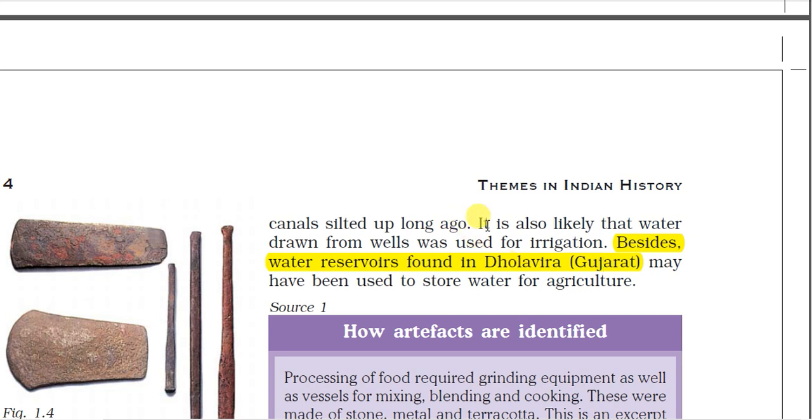Beyond this, there's a fourth point also. It is likely that water was drawn from wells, which was used for irrigation. If you can write any 3 points, but the primary 3 points are canals, the first point that the Harappan sites are located in semi-arid areas, and the third point is water reservoirs. After this, if you find that you can add on this point, the wells point, you can add it with the water reservoir point. So this is a 3 marker.